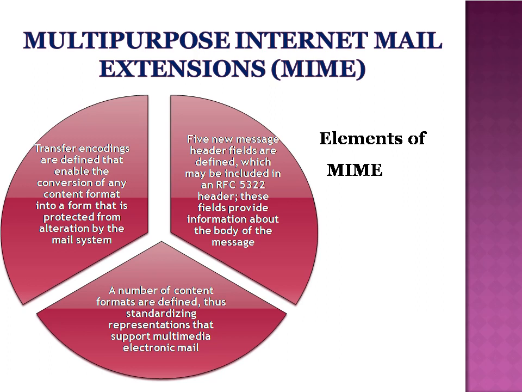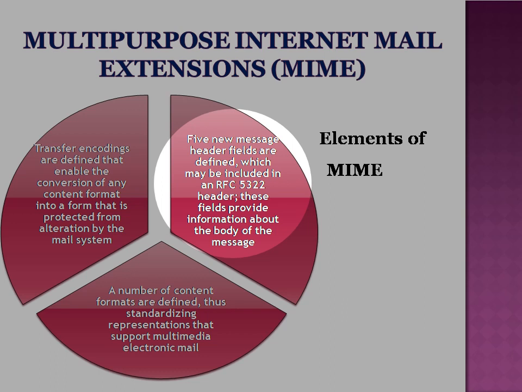Next we have MIME or Multipurpose Internet Mail Extensions, which is an extension to the RFC 5322 framework that is basically intended to address some of the problems and limitations of the use of Simple Mail Transfer Protocol or SMTP. Then there are a few elements in the MIME specification that we need to know. The first one, 5 new message header fields are defined here, which may be included in an RFC 5322 header.